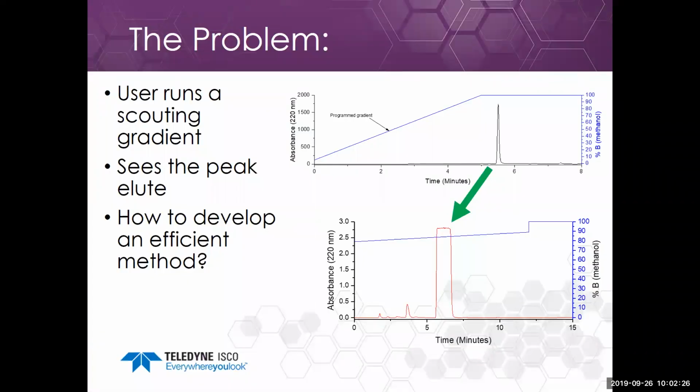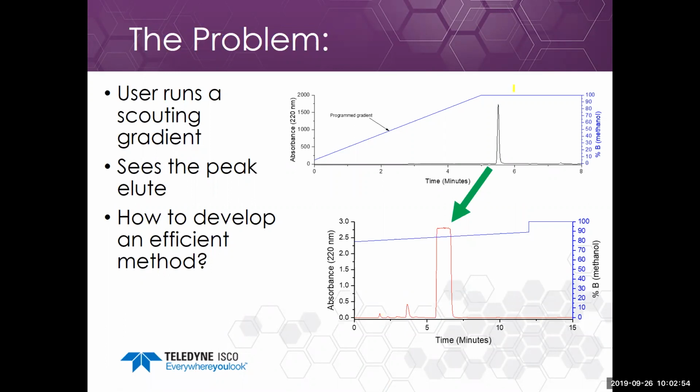So the problem is someone synthesizes a compound, or they took a crude extract and they ran it on a silica column if you're working in natural products. They see the peak elute, and the question is how to develop a good method. Please note this peak on the analytical run over here that comes out in about 7 minutes.